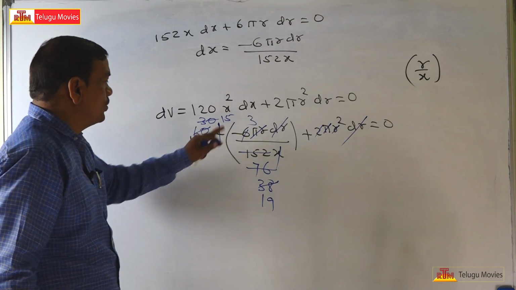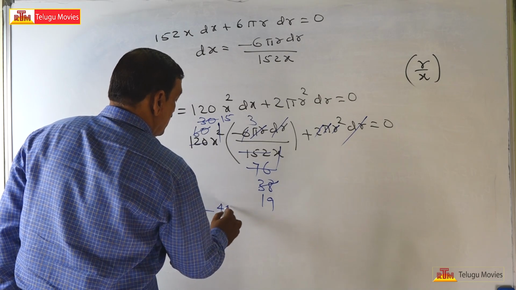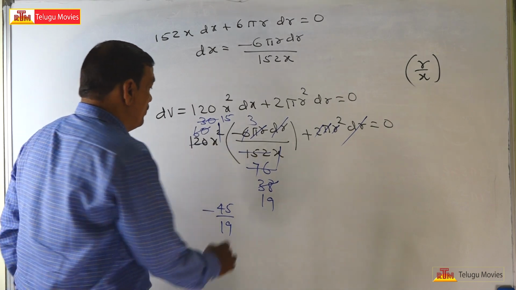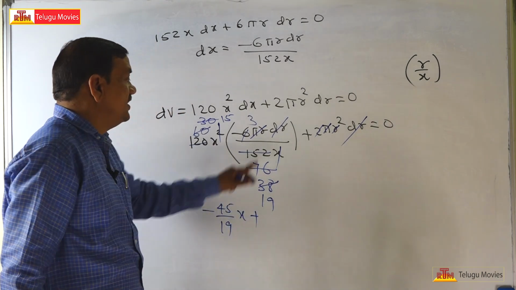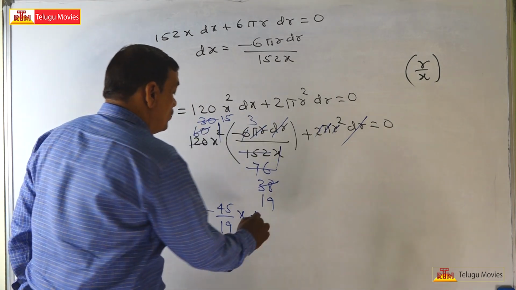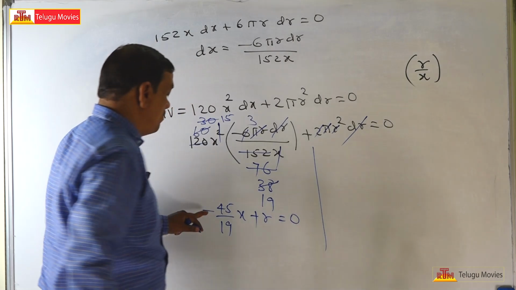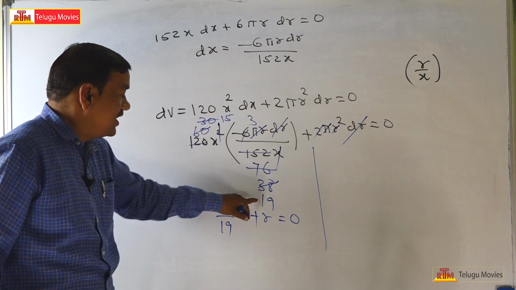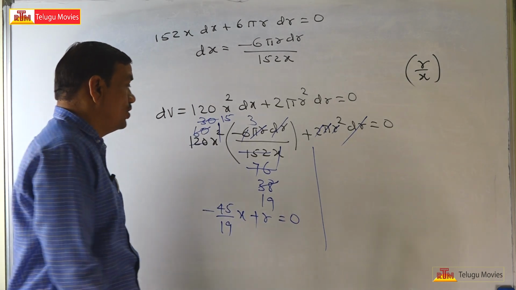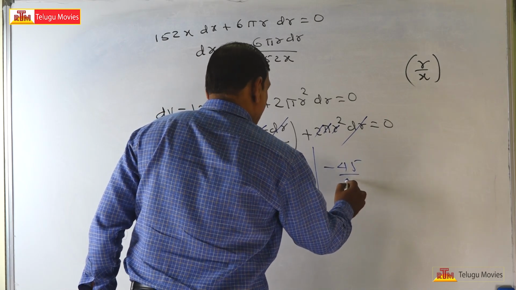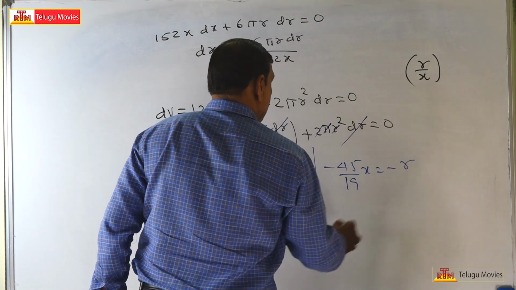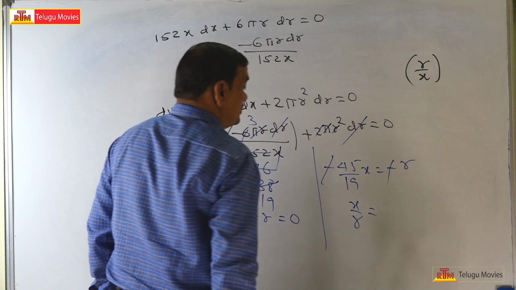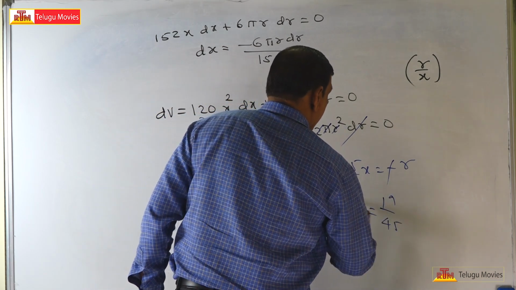So ultimately this is equal to minus 45 by 19 x, plus r, is equal to 0. 15 threes are 45, and down there 19x plus r is equal to 0. So minus 45 by 19x is equal to minus r, x will get cancelled. So your x by r value is equal to 19 by 45.